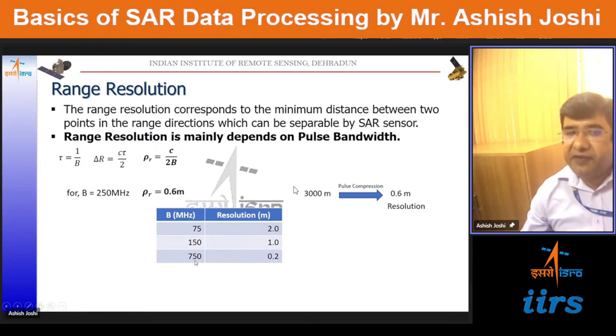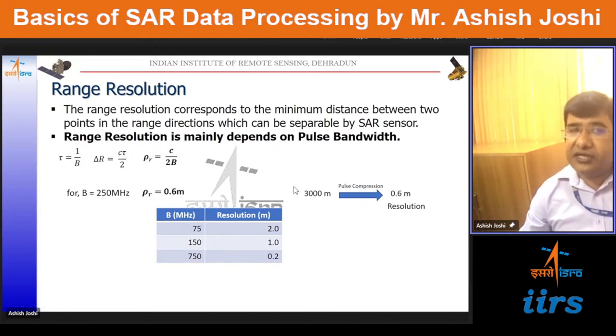With 750 megahertz of bandwidth, we can get even 0.2 meter resolution in the range direction. So the 3 kilometer resolution we get without the LFM is reduced to 0.6 meter resolution with the use of matched filtering, or the pulse compression technique. So this is the part on range resolution.